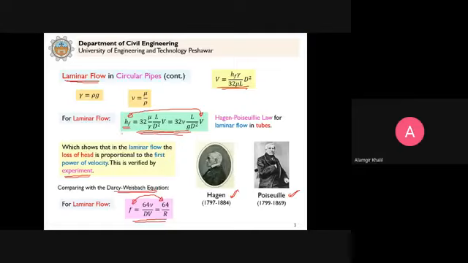You apply this equation to calculate HF, or you apply this equation to calculate F. You will get the same value for HF. F coming from here, and then you put this F in the Darcy-Weisbach equation and you calculate HF. So you will get the same value as this HF when the flow is laminar.